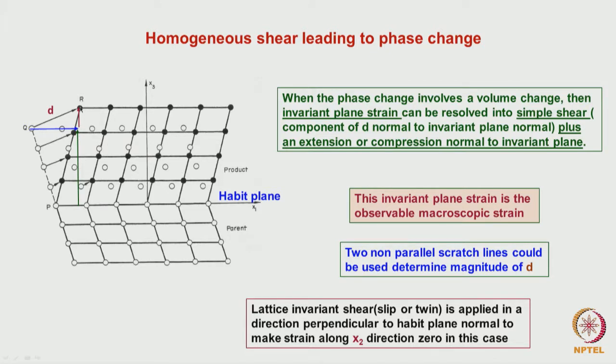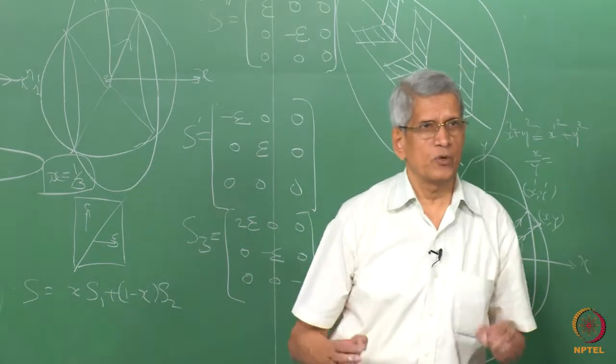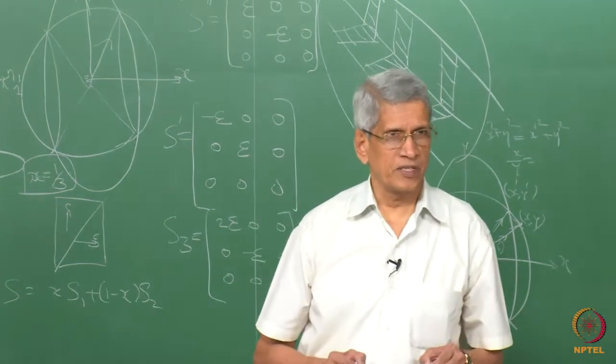This is the displacement which corresponds to a simple shear, and this is the displacement when the lattice is getting expanded. That is the total displacement, and correspondingly we can find out the shear also. This is the sum of both of them together. This is what we are able to observe on the sample surface.